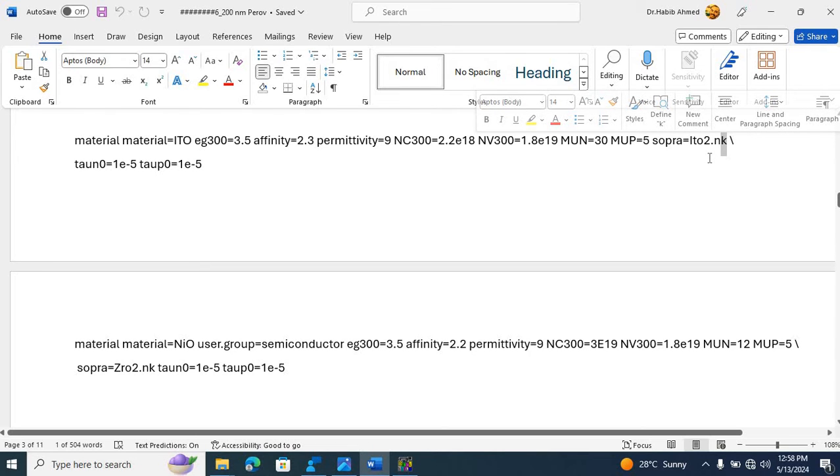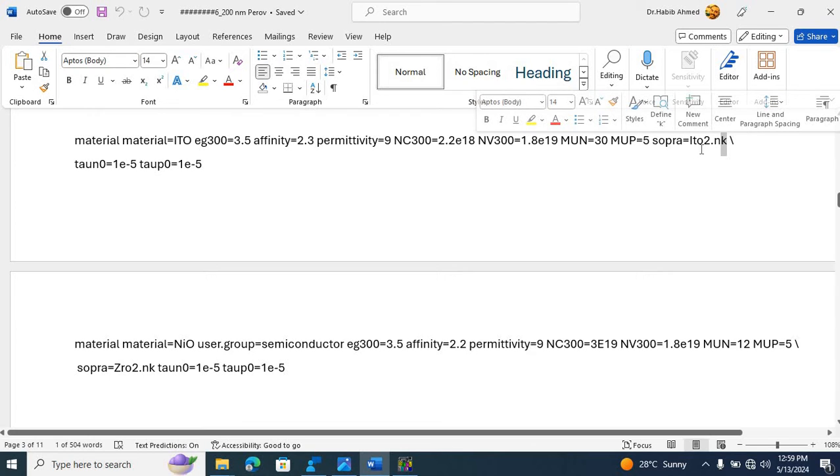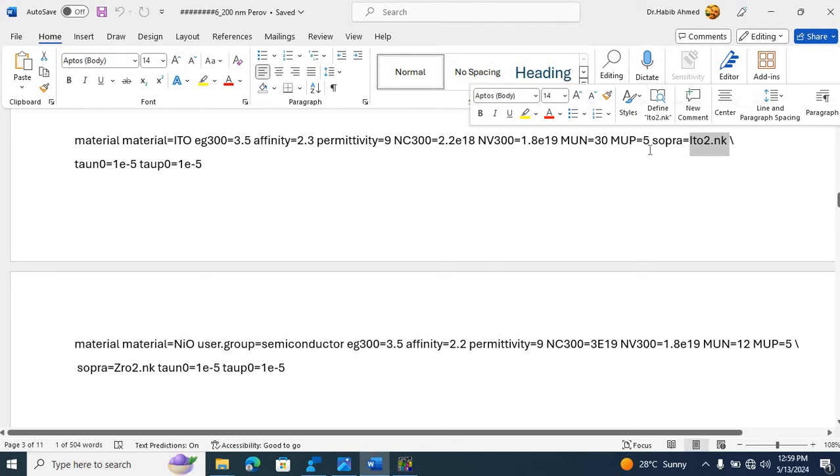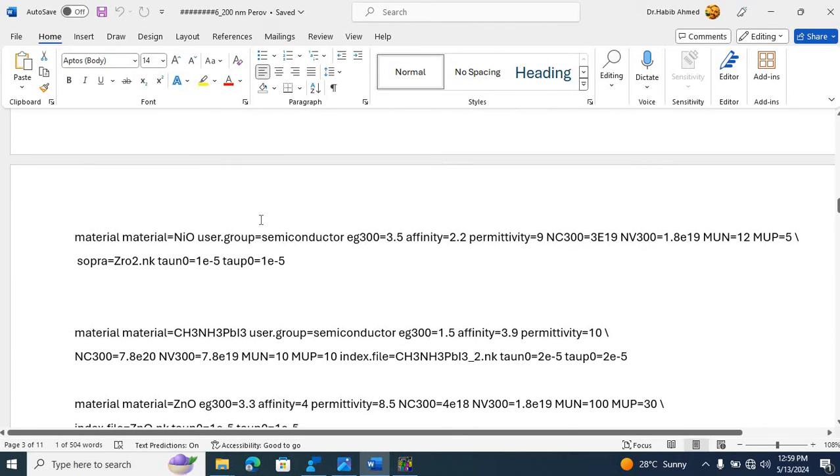These materials do not have a single refractive index and a single absorption coefficient. Their refractive indices and absorption coefficients vary versus the wavelength of the input light, so these files have a range of values for the refractive indices and absorption coefficients versus wavelength. Then I have set the electron and hole lifetime for indium tin oxide as well.